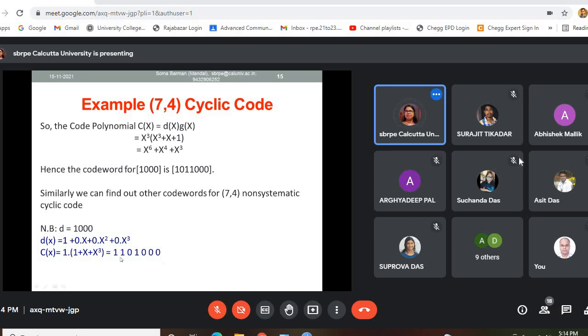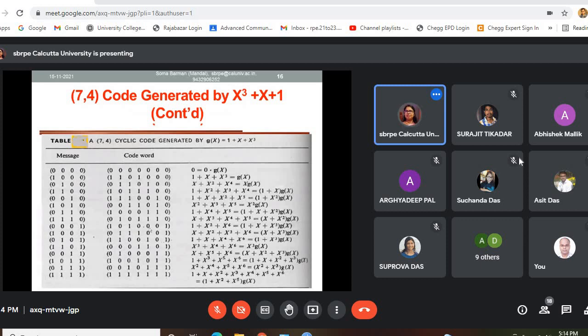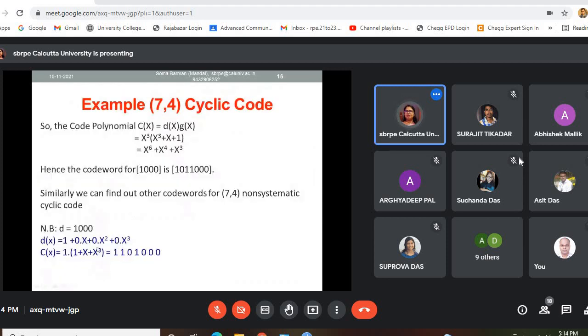Okay. So the rest of the codes can also be generated and that is listed in the table. All these codes can easily be generated for 0 0 0 0 to 1 1 1 1. And this table is considering it this way, that means for this notation the left side is your LSB and the right side is your MSB.